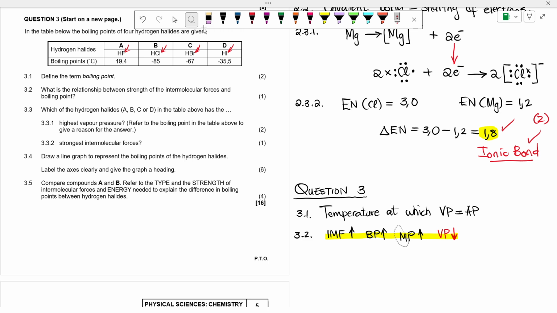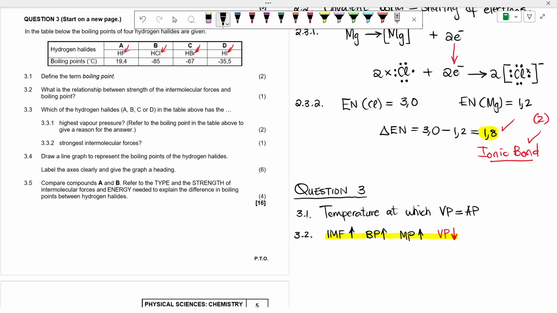So the HCl. Okay, what is the reason for HCl? It has the lowest boiling point. It is the lowest boiling point, and that's exactly the requirement.